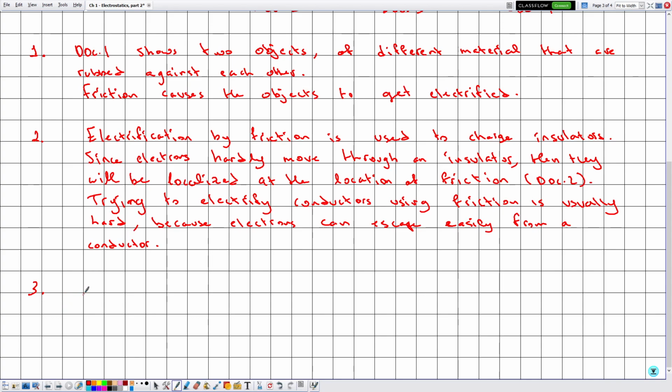Now let me write idea number 3, the evidence of electrification by friction is attracting other bodies.